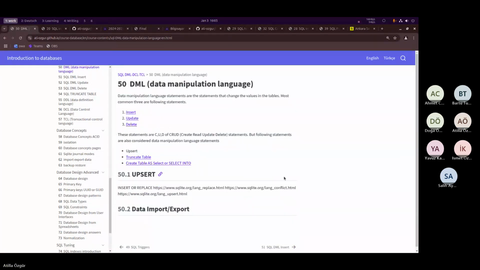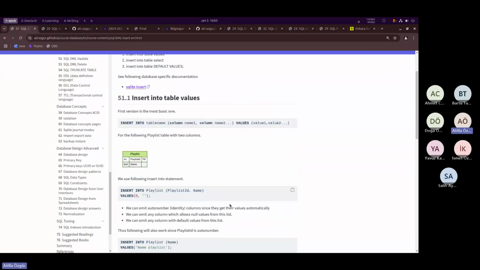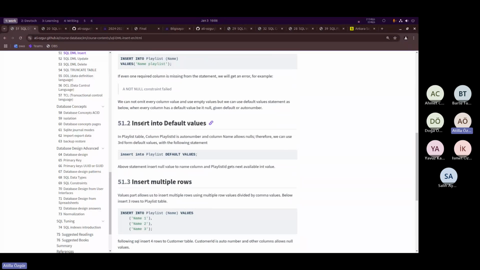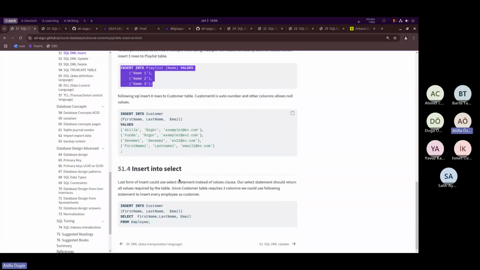Okay. We have these insert, update, delete examples. We can use insert into a table name, then values. We can use insert into default values. We can insert using multiple values. These are basic stuff.